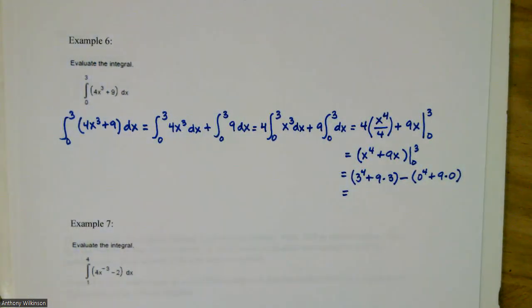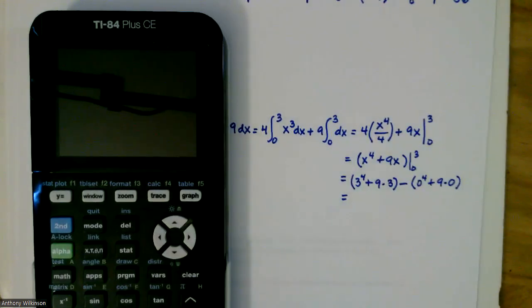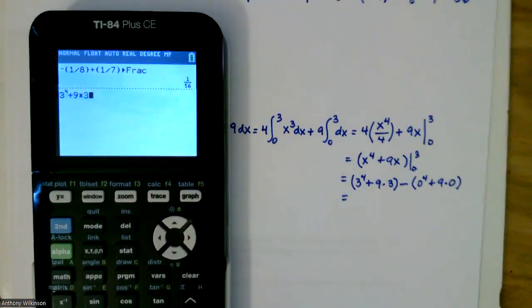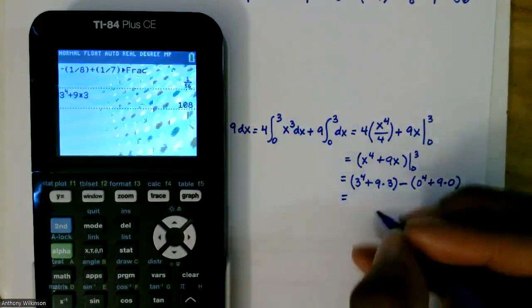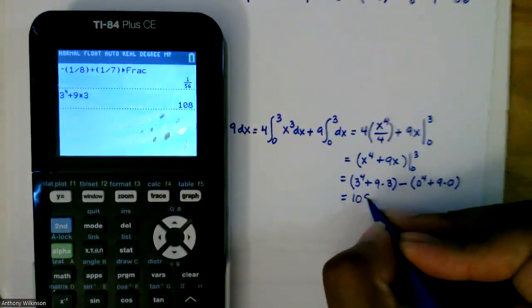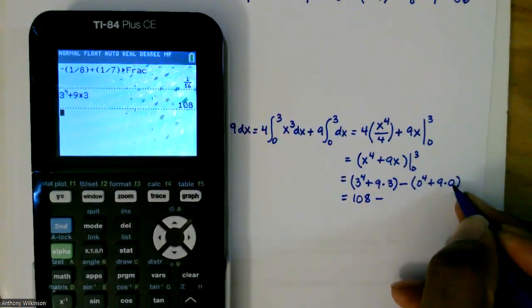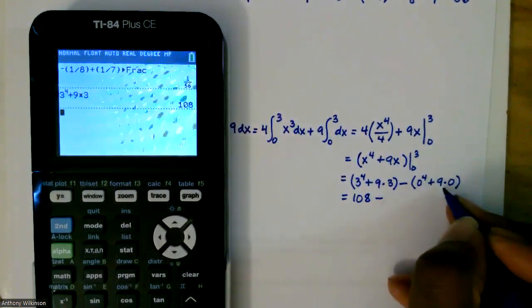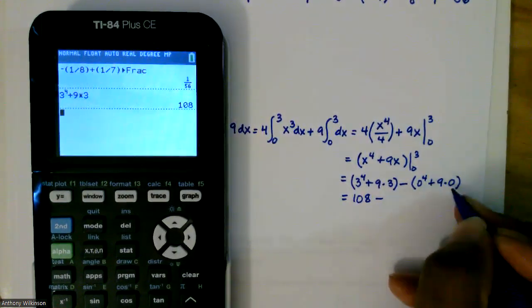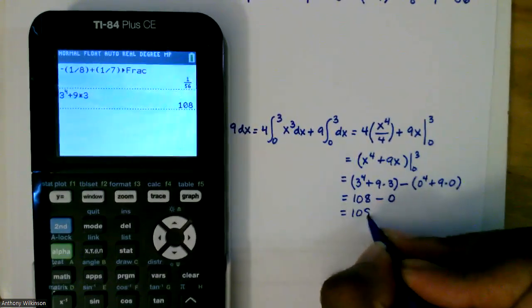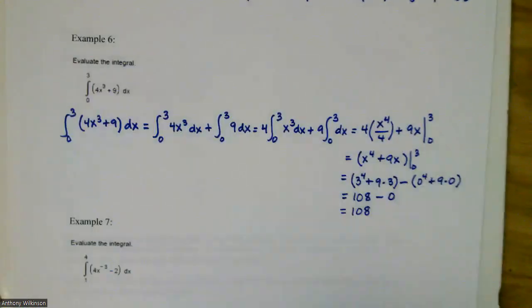Now, if I do this in the calculator, I get 3 raised to the 4th, and then plus 9 times 3. That's going to be 108. And all of this right here, that's going to be 0, because 0 to the 4th is 0, 9 times 0 is 0. 0 plus 0 is 0, so 108 minus 0 ends up being 108.